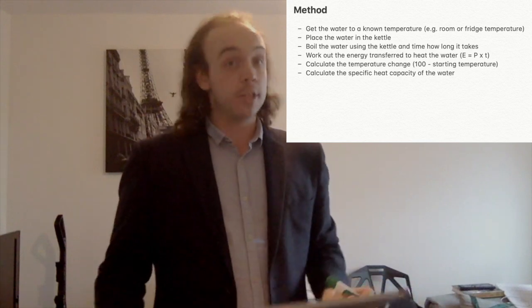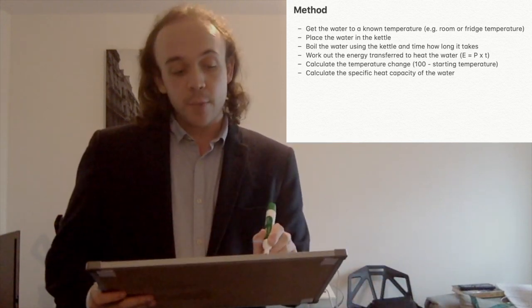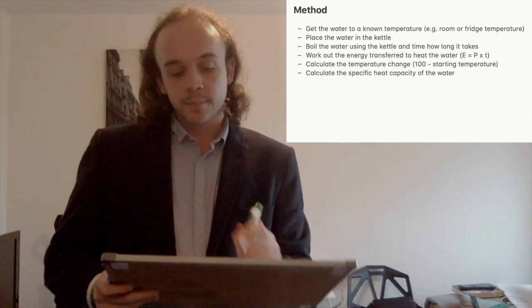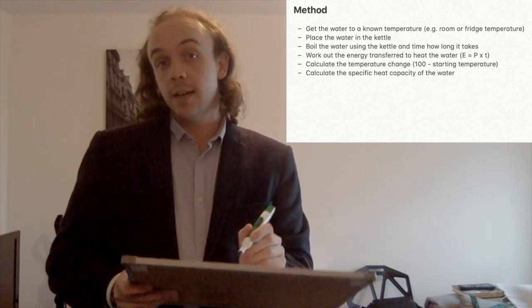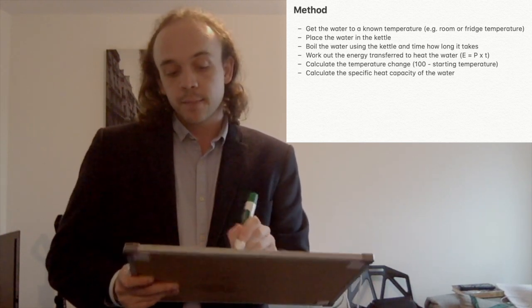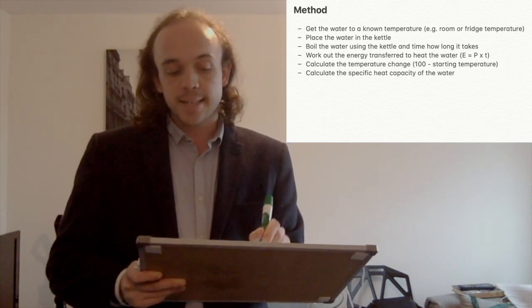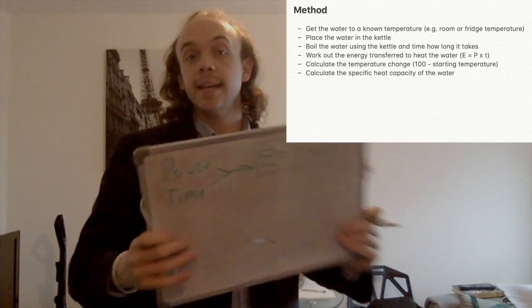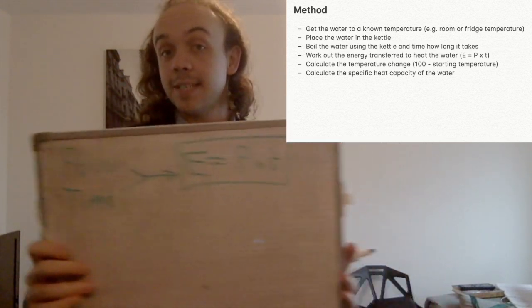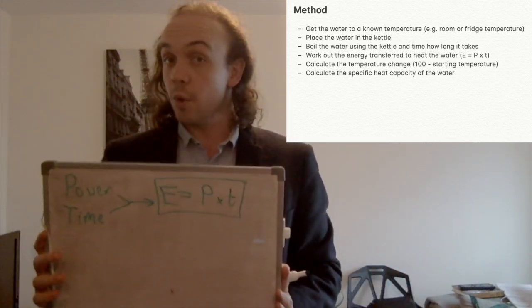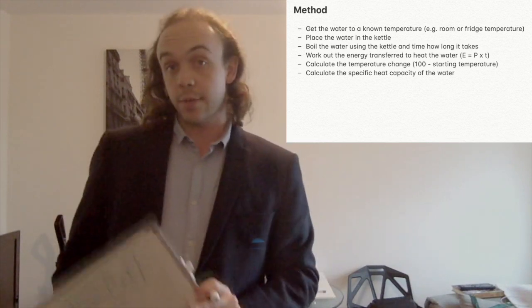And you may know this already from the energy topic. If we bring those 2 together, we arrive at a formula that says that energy is equal to power multiplied by time. E equals P times T. It's a formula you might have met before, but you definitely meet it throughout this topic.